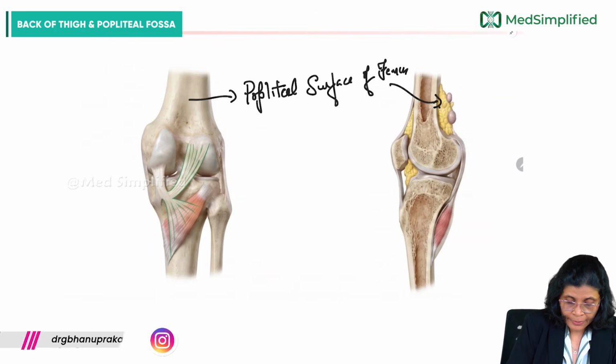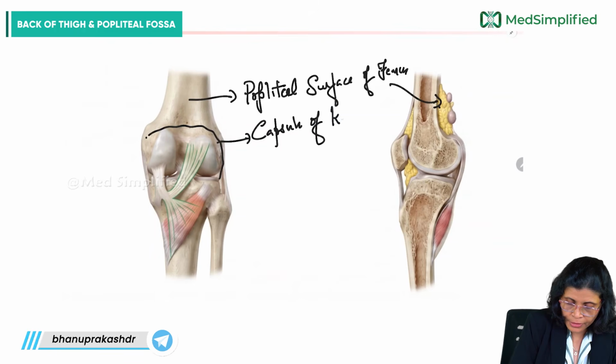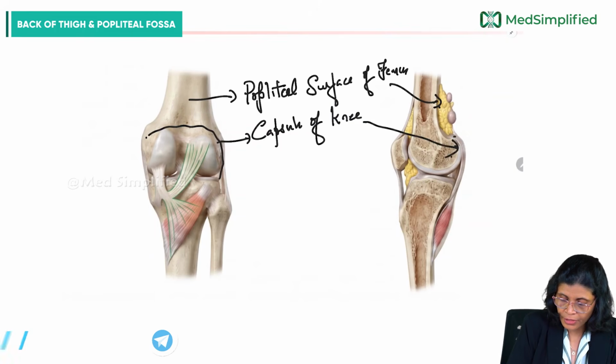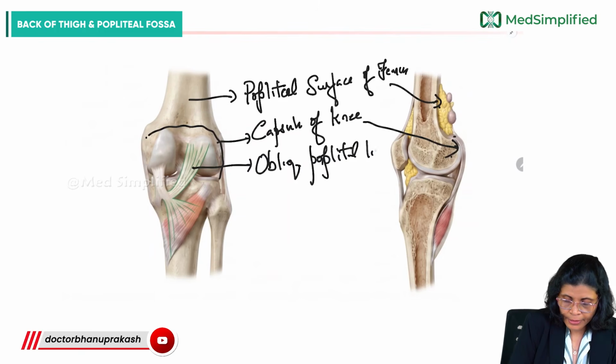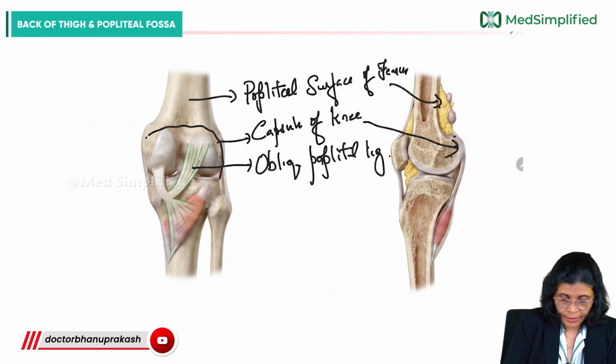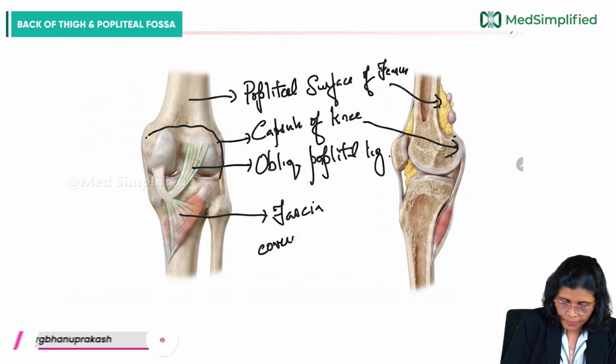Then we see the capsule of the knee joint all around here. Then we have the oblique popliteal ligament, and this is the fascia covering the popliteus muscle.